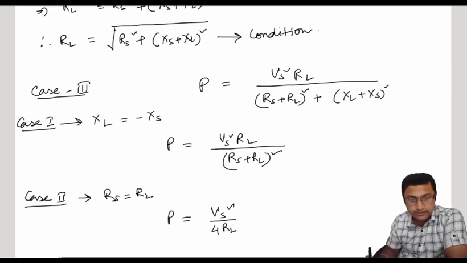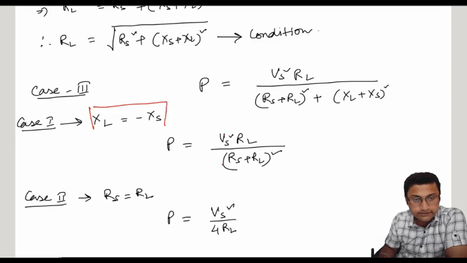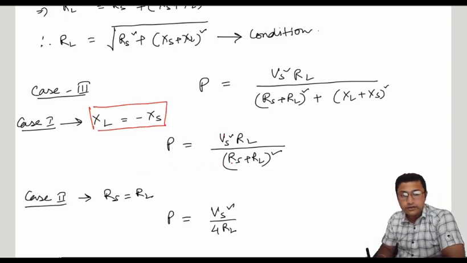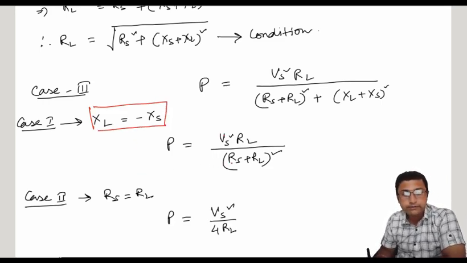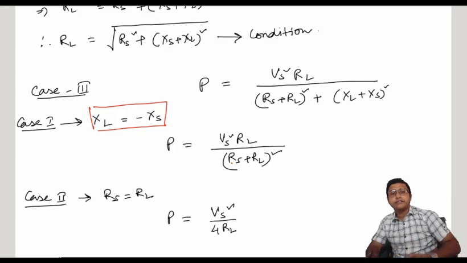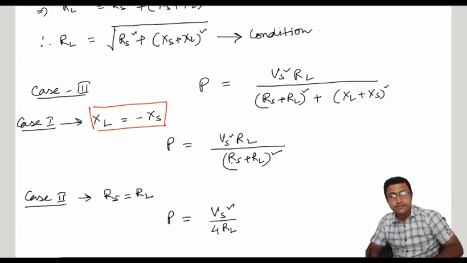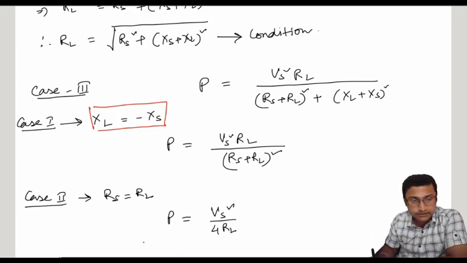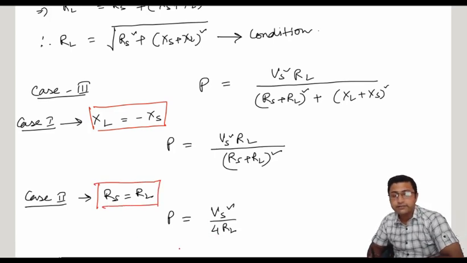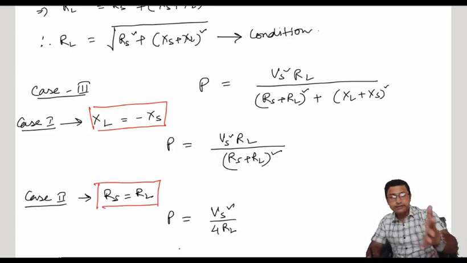So actually this condition XL equal to minus XS is obtained from case 1, that means when only the load reactance is variable and load resistance is fixed, and case 2 is when the load resistance is variable and load reactance is fixed, that means RL is a variable quantity.